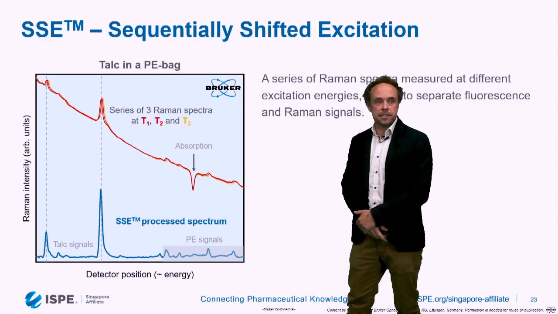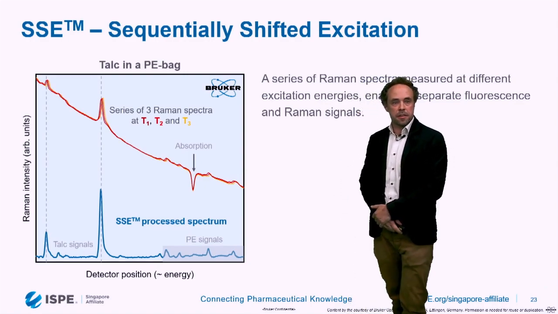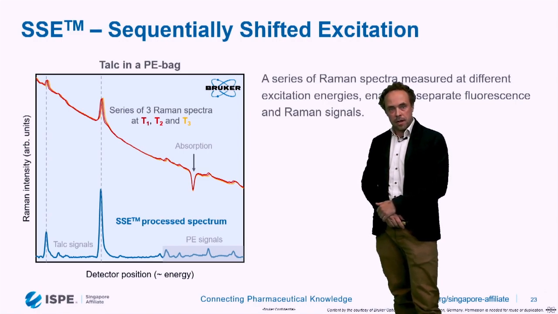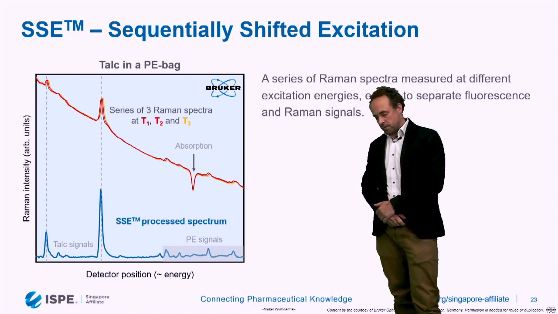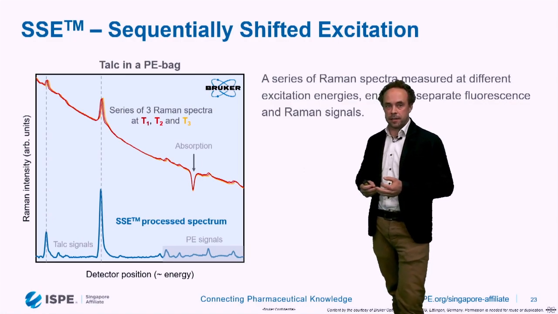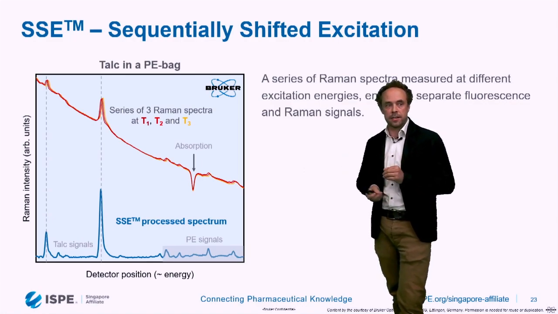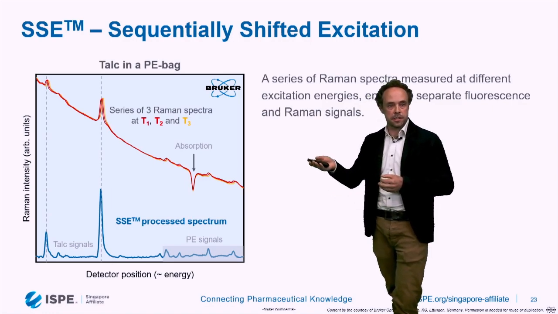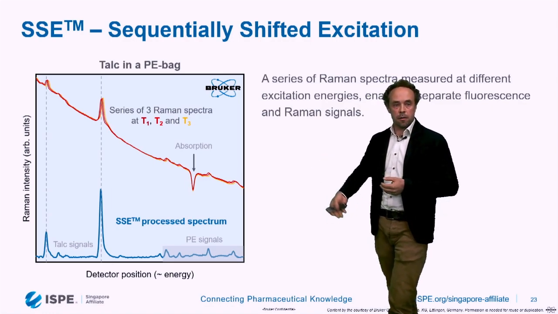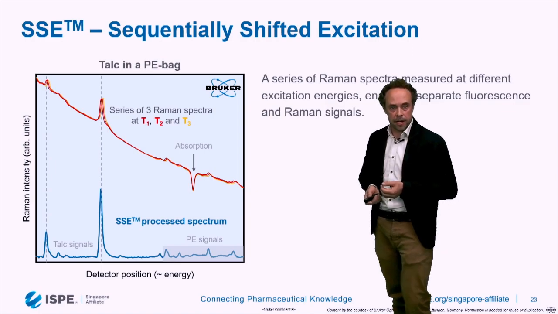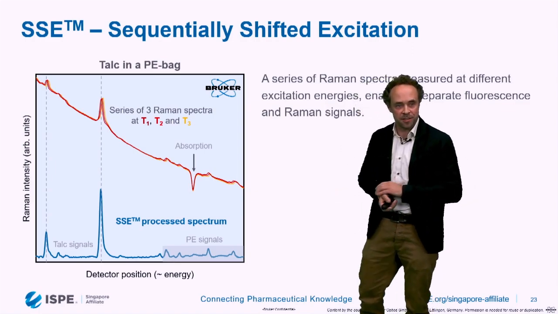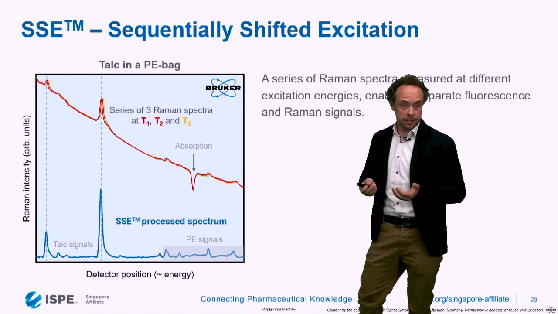So how does SSE work? With SSE, we're measuring a series of 3 Raman spectra at slightly different excitation wavelengths. As the Raman lines are always relative to the laser line, they shift a little bit on our detector, which you can see here clearly. Whereas the slope of the fluorescence or any absorption signals, that's why I've chosen this example, stays constant.